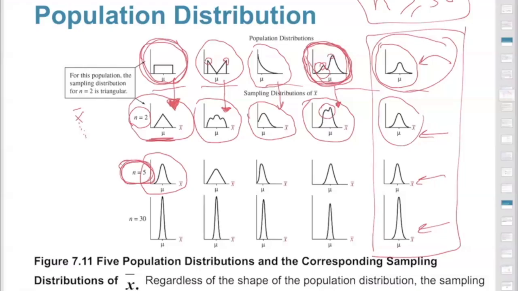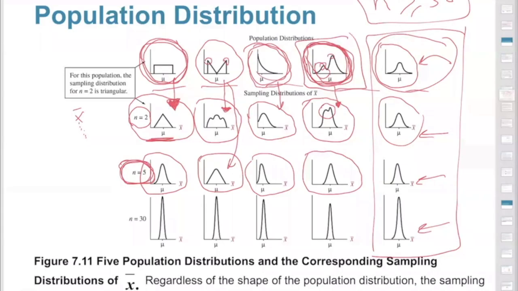Same thing for the second population: if you increase the sample size from 2 to 5, you can say it's close to the normal distribution, except the tails. Look at the exponential distribution. When you increase the sample size to 5, it becomes a normal distribution, except the tail. We need the tail to the left a little bit. Look at the bimodal distribution: if you increase the sample size to 5, it becomes a little bit normally distributed, except the tails.